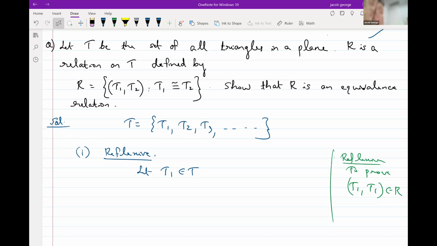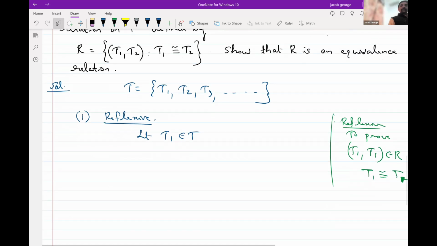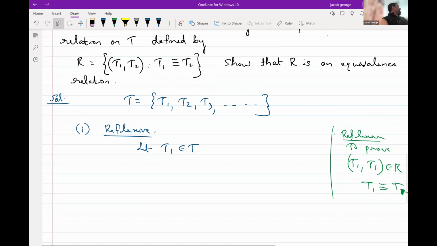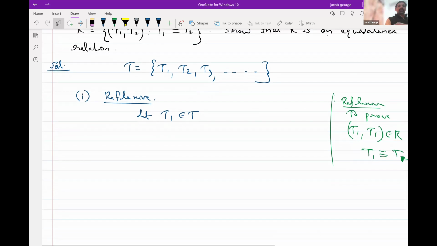Yes, every triangle is congruent to itself. So we can write T1 is congruent to T1 itself. So we write the reason. We have to prove that T1 is congruent to T1, and its reason we will write in the main space.